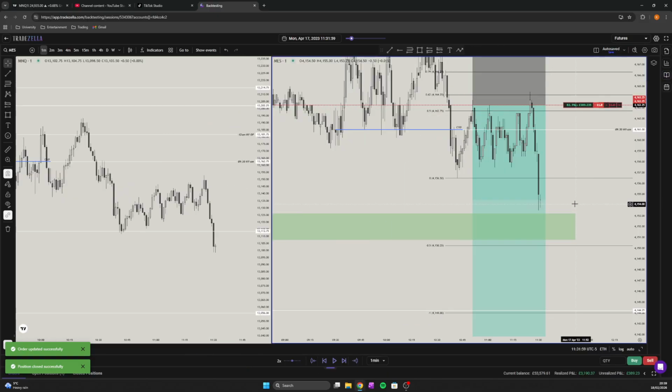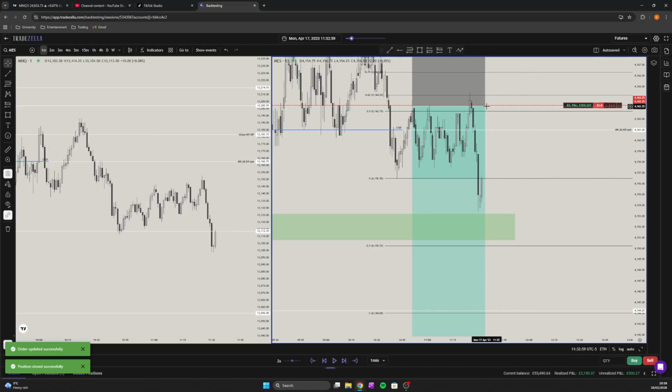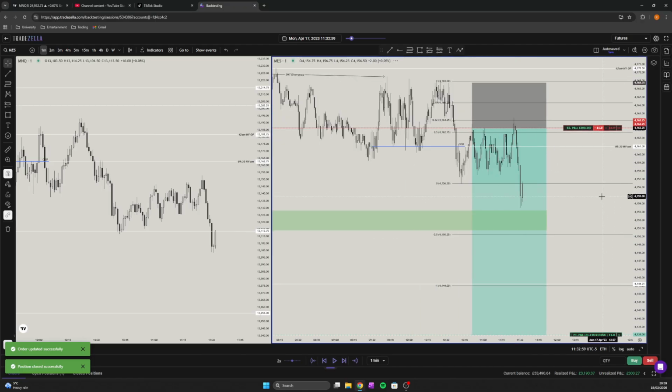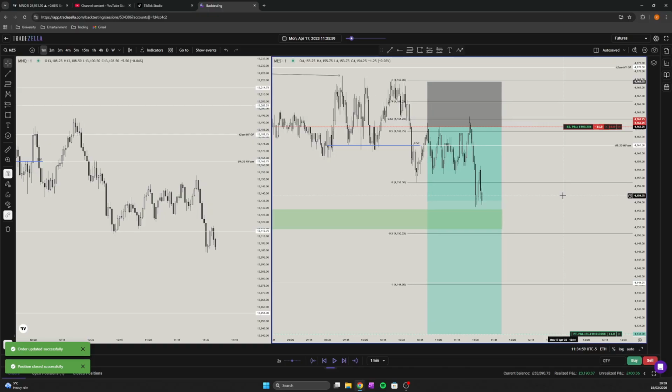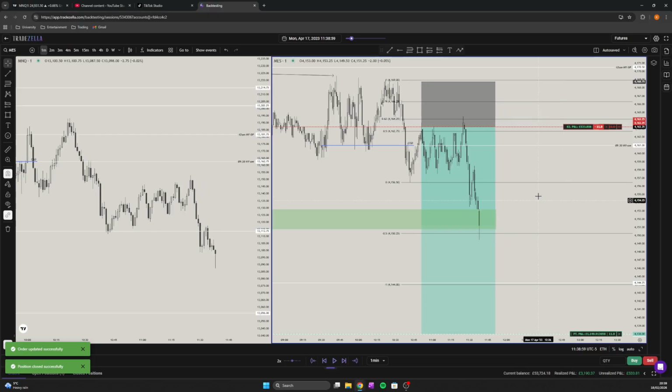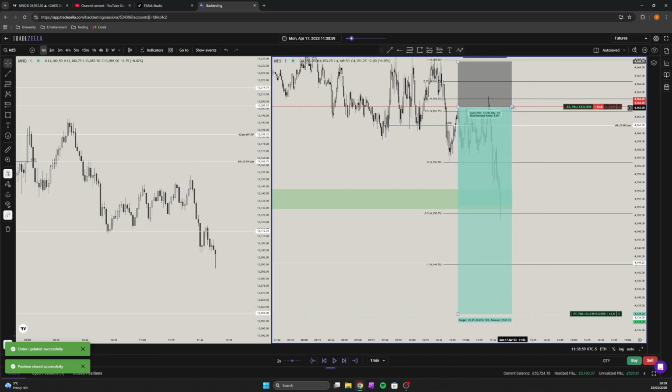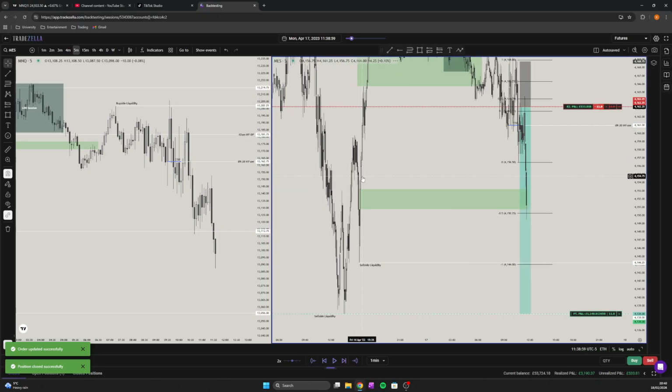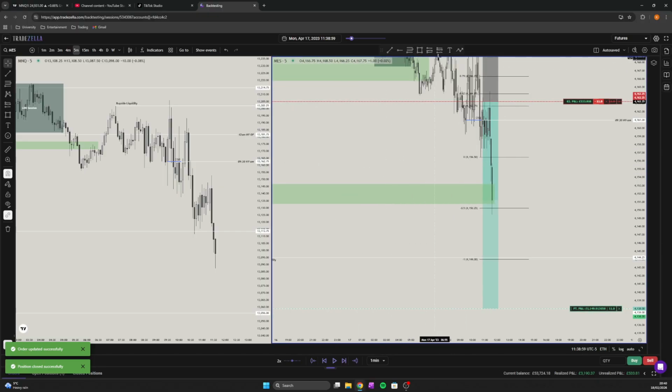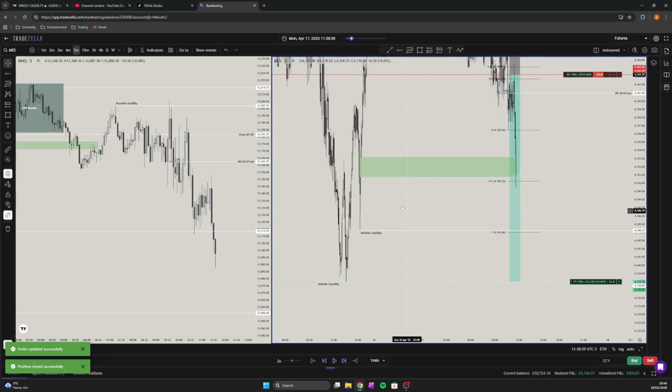Let's see what price continues to do. Does it continue lower? Yes, it does. It displaces through the gap here. This is the 5-minute gap. Okay, cool. Let me mark this low. Okay, it's marked.